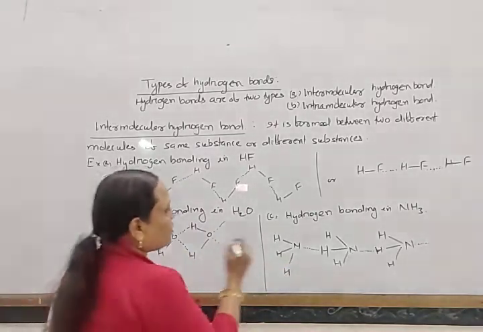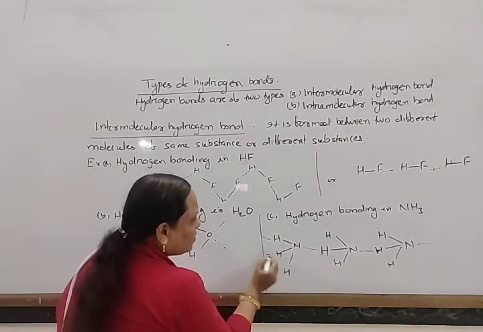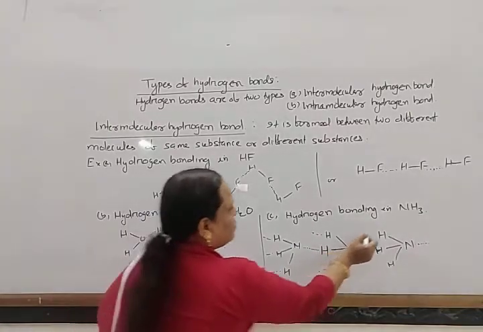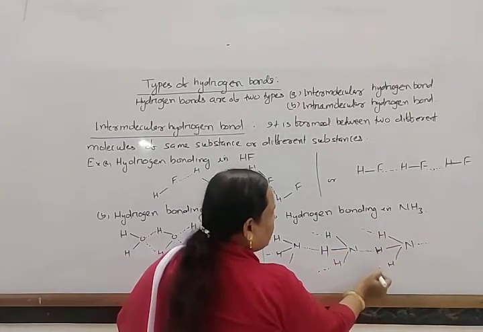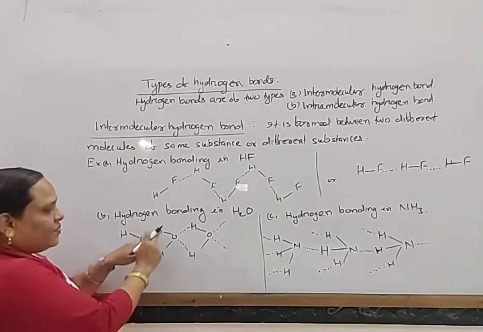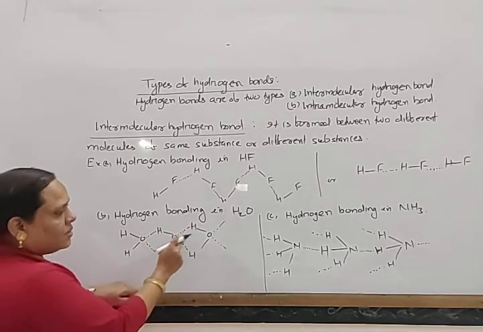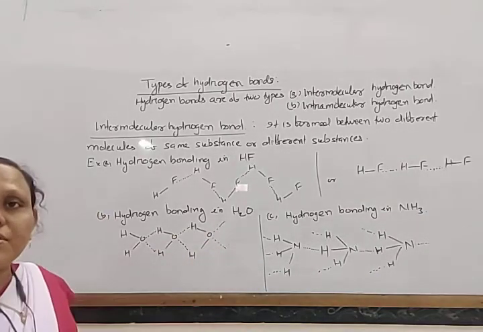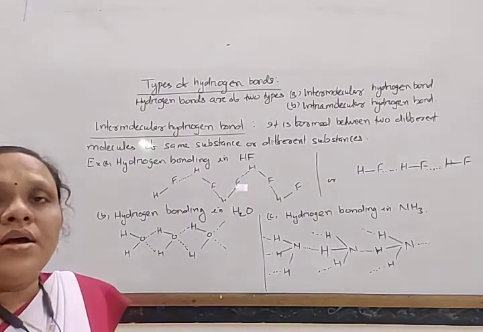This is the hydrogen bonding in ammonia. Here also, if different ammonia molecules are present, they can form the hydrogen bond. In water too, there exists the hydrogen bond. In this way, these are the different types of hydrogen bond.